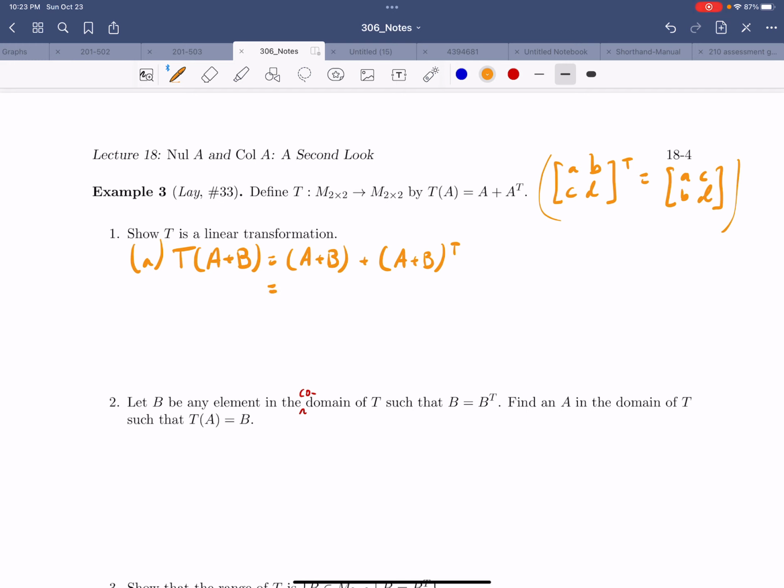We showed this a few weeks back. So we can rewrite this as A plus B plus A transpose plus B transpose.